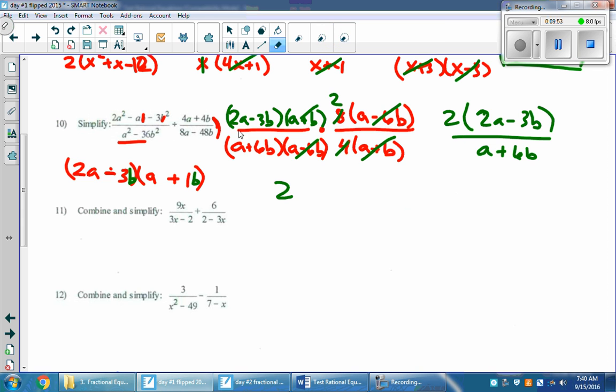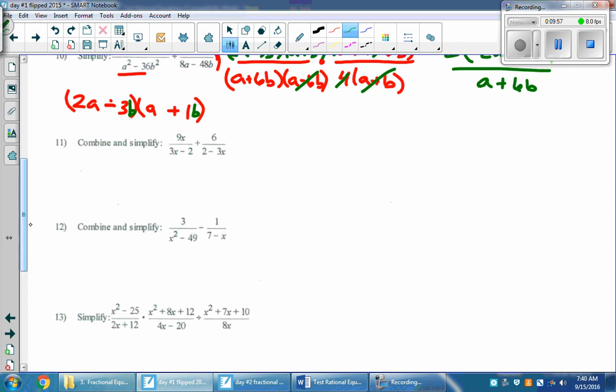Okay? 11. Combine like terms. It's an addition. You need a common denominator. First thing I look, they don't have a common denominator. They're close. This one's backwards. If it's backwards, multiply both the top and bottom by a -1. So now the question just became this.